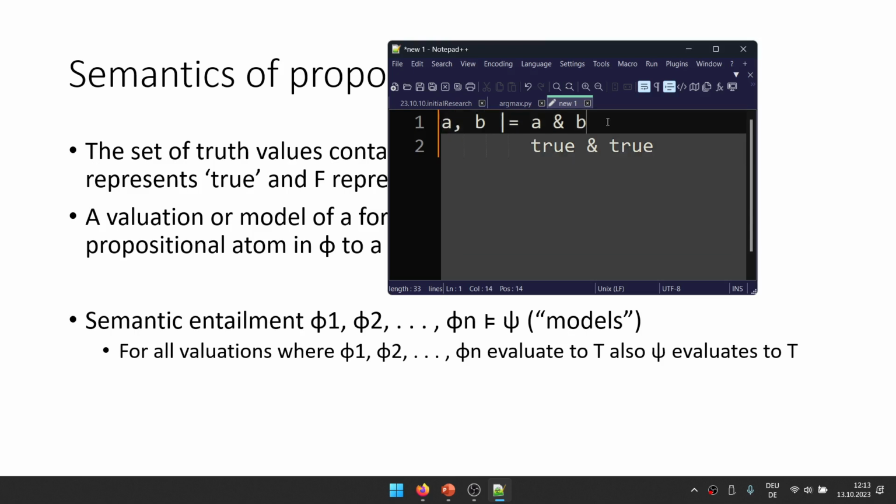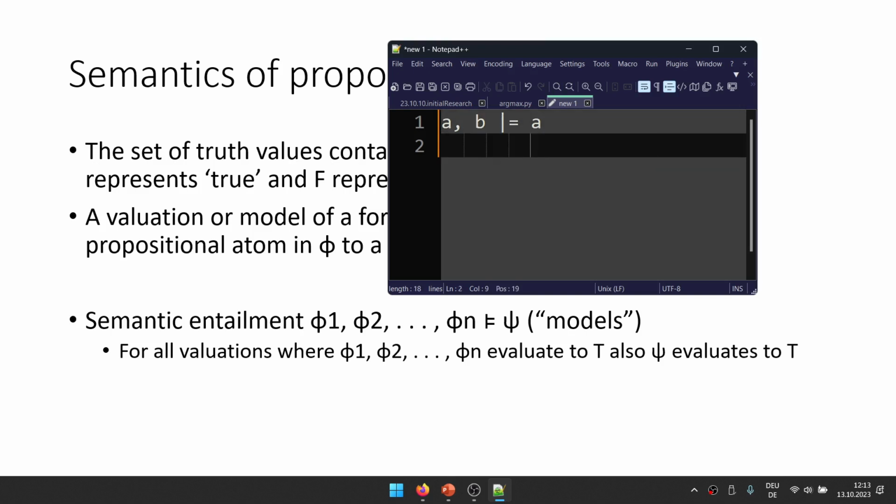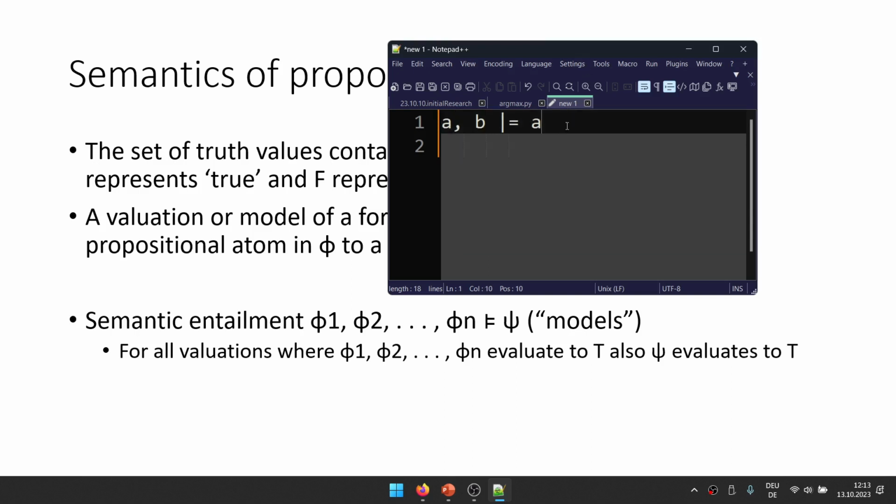Now, is it still the case? So we follow again this definition. Now the simple thing is that we have the same formula on the left and the right side, right?